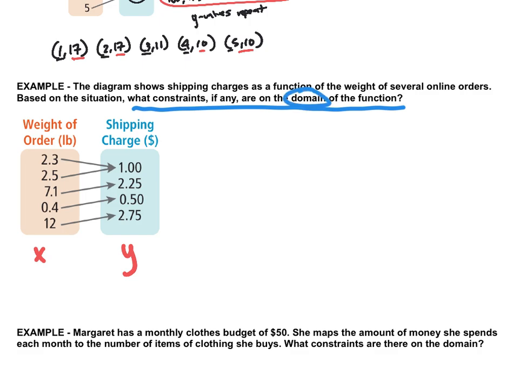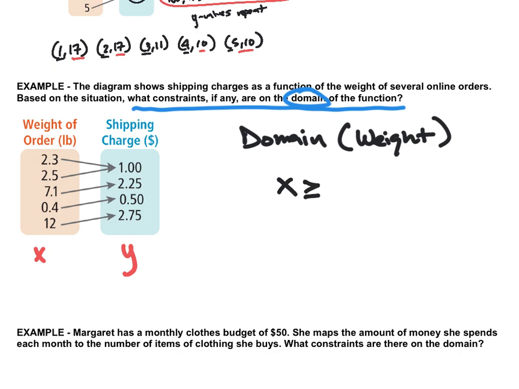So what I want to do first is take a look at this and say, okay, my domain represents the weight, all right? So the weight of our order. And the weight of our order, what I would say here is that it has to be greater than or equal to 0. Meaning that I can't have a negative number here. Sure, I can have 0.